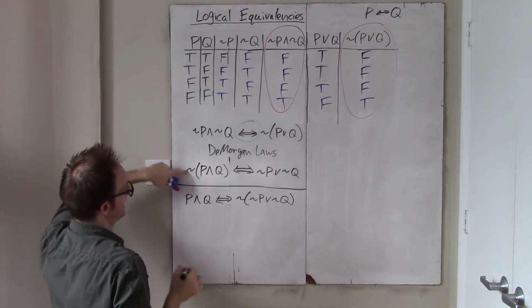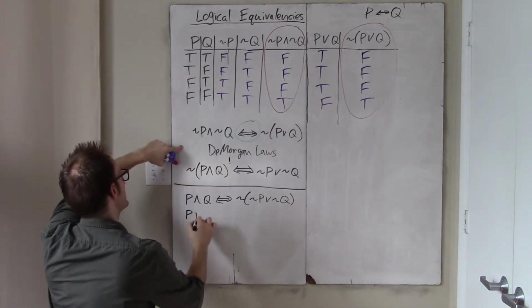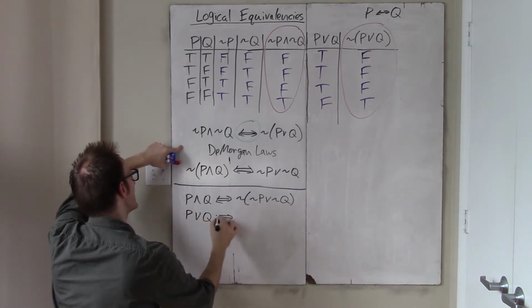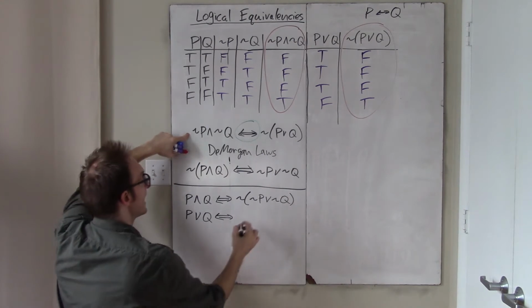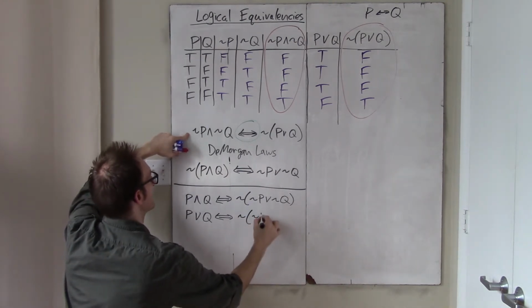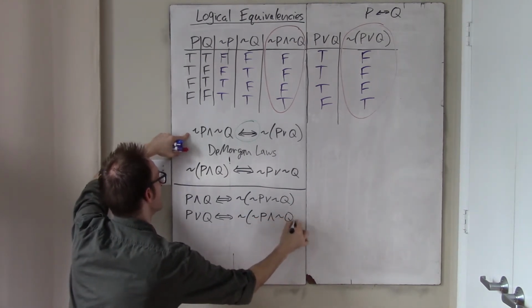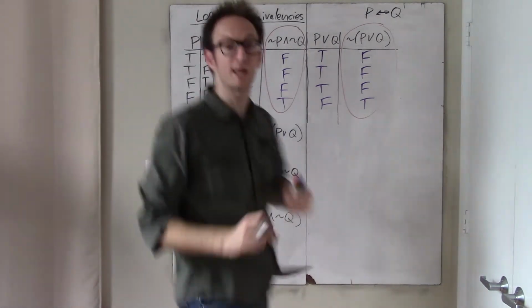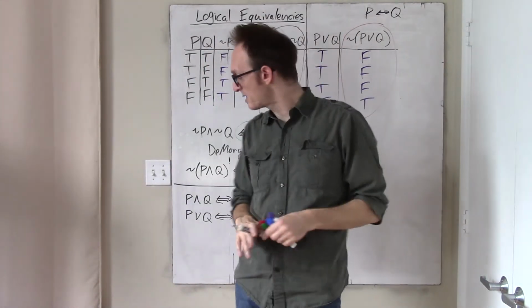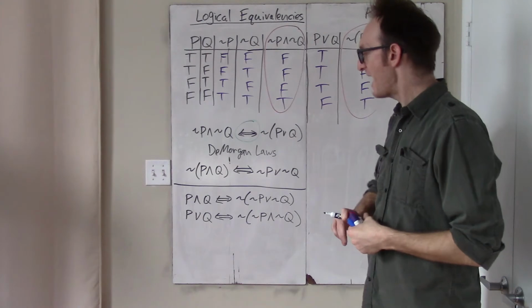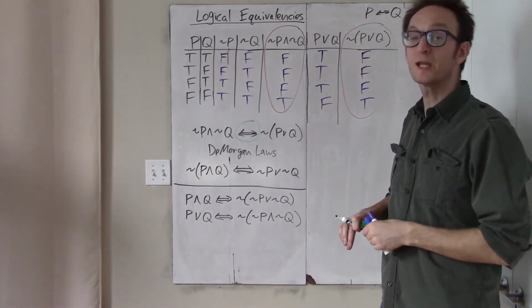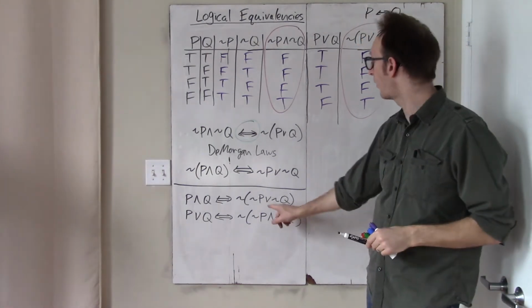That's a slight modification of this one. And P or Q is logically equivalent to not (not P and not Q). Okay, and this is something that you've surely encountered before, like in 9th grade computer science, which is to say the and symbol is fully definable in terms of or and not.